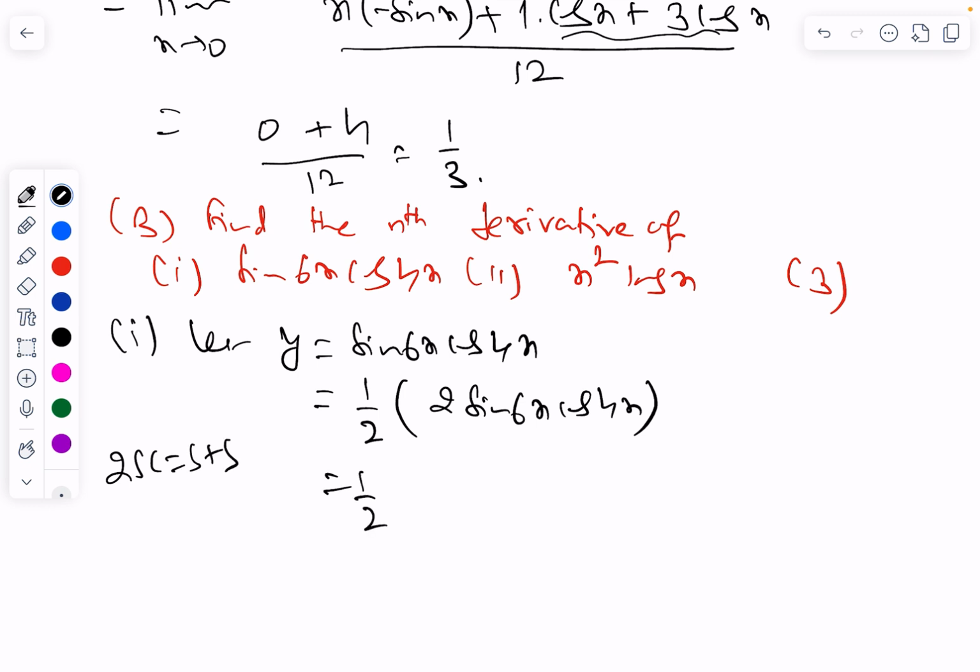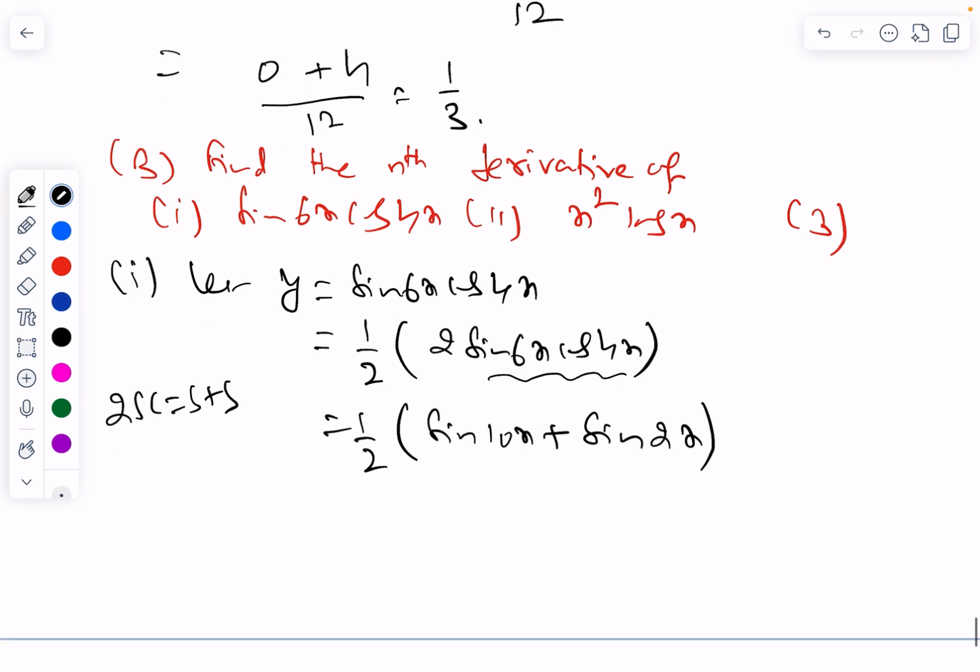So that is 1 by 2 times [sine 6x plus 4x, that is sine 10x, plus sine 6x minus 4x, so sine 2x]. So this is y. And therefore nth derivative yn is 1 by 2.